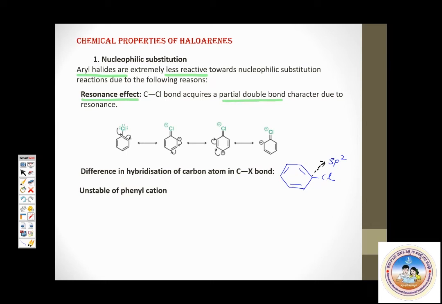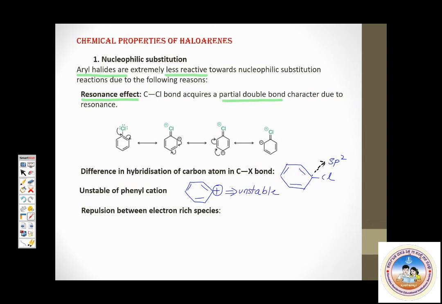Then, unstable phenyl carbocation. If a haloarene indeed forms a carbocation, that carbocation will be unstable. See this? Phenyl cation, unstable. Next, repulsion between electron rich species.